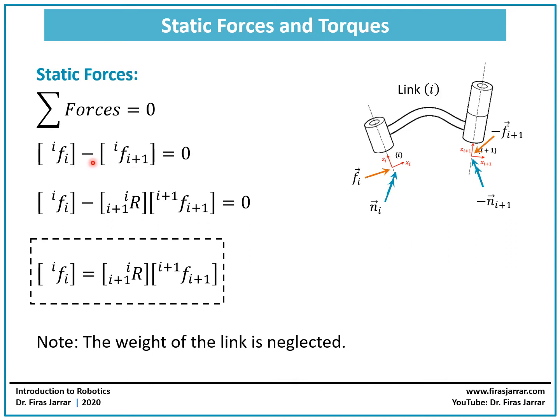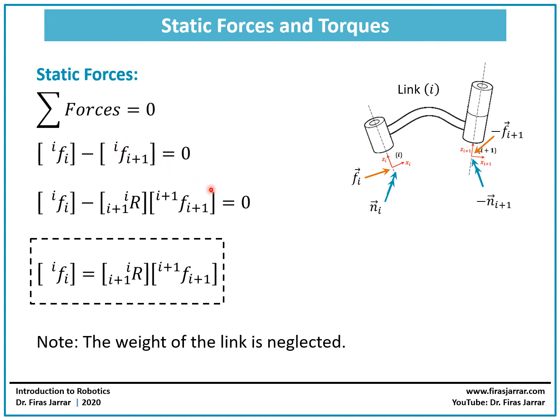It's a reaction force, so it's going to be in the opposite direction. This is from Newton's third law of motion: for each action, there's a reaction which is equal in magnitude and opposite in sign. So this is Newton's second law of motion, where the summation of forces is equal to 0. Notice that both force vectors are expressed in the same frame I, in the same coordinate system.